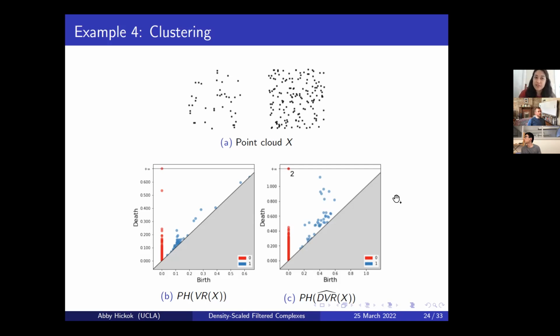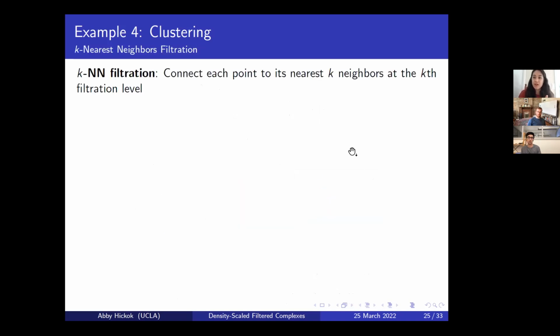And this is an example where I also want to talk about the k nearest neighbors filtration. If you were to think about how to handle non-uniform data, this is probably the first thing you would think of. So in this filtration, at the k filtration level, we would connect each point to its k nearest neighbors and then increase k.